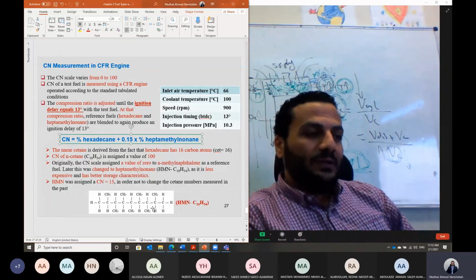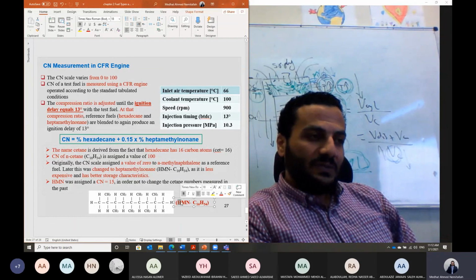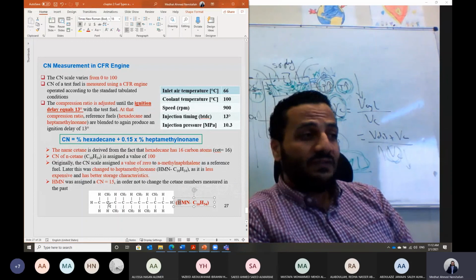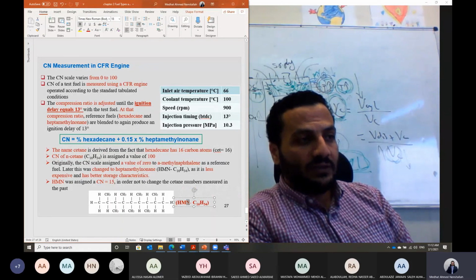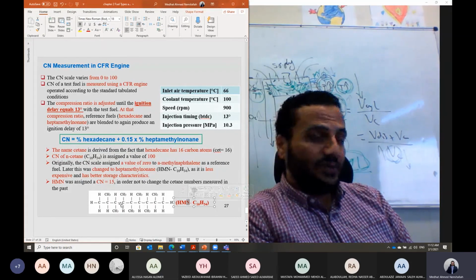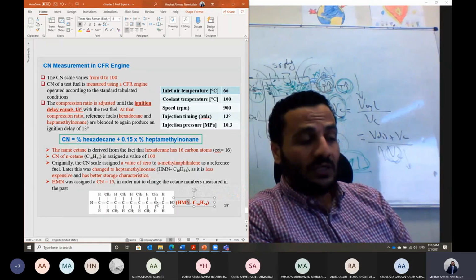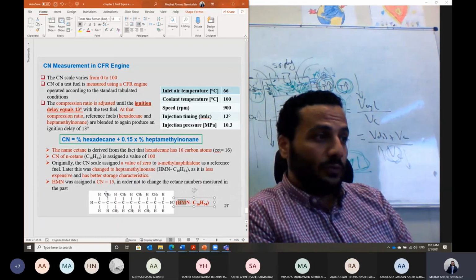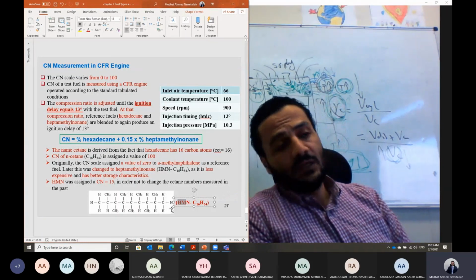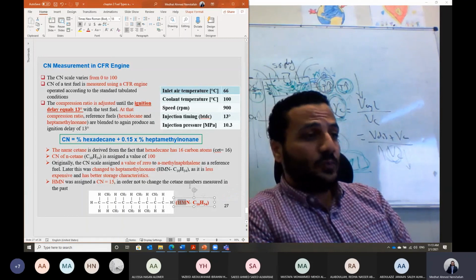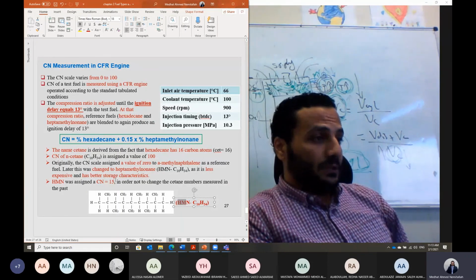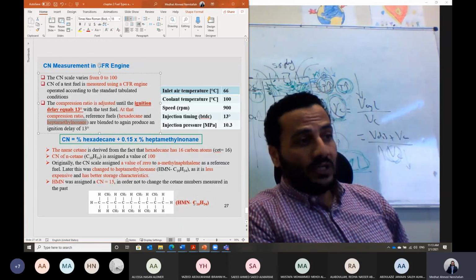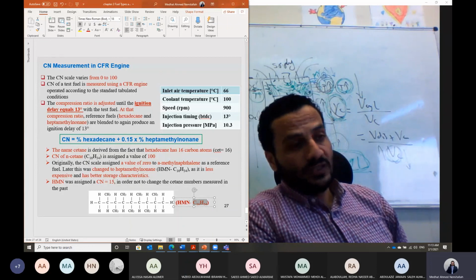So in this case, they preferred to use the heptamethyl-nonane instead of methyl-naphthalene. And based on that, we calculate the cetane number of the fuel. Heptamethyl-nonane: the hepta prefix means we have 7 methyl groups. Heptamethyl means we have 7 methyl groups attached to the nonane. Non means the prefix of 9, meaning we have 9 carbon atoms. So this is nonane of 9 carbon atoms, but we have heptamethyl groups attached to it. And this is an isomer of the cetane fuel.